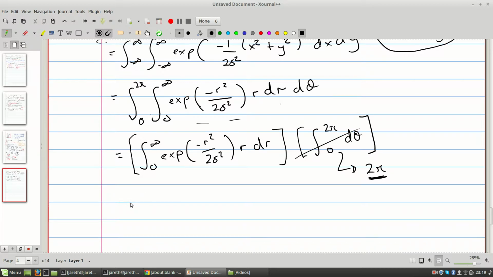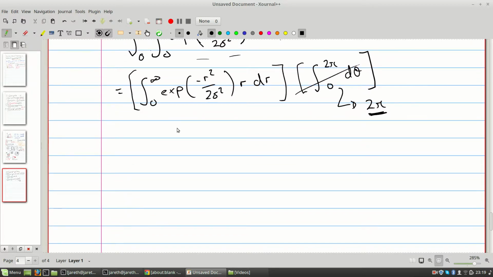Now for solving this other integral, we can do so by substitution. So what we can do is substitute, say, u is equal to r squared. By making this substitution, this actually means that du dr is equal to 2r, and du is equal to 2r dr, right? That's what du becomes here.